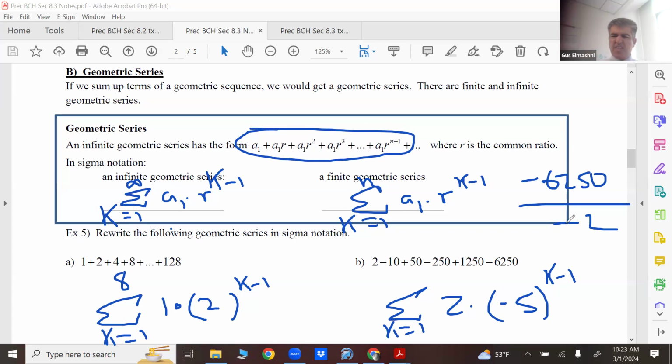I think it's going to be 6. Oh, it is 6, duh. Obviously, sorry. Of course it's 6, the 6 terms. There you go. So we're okay with that?